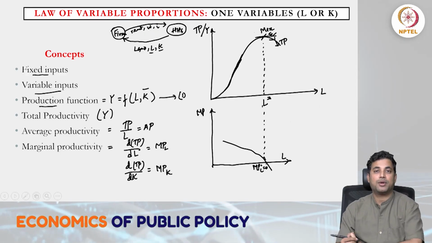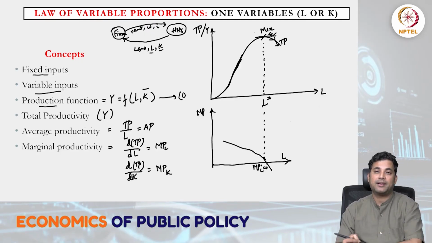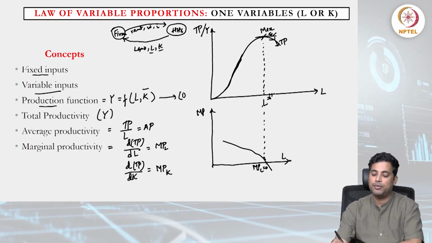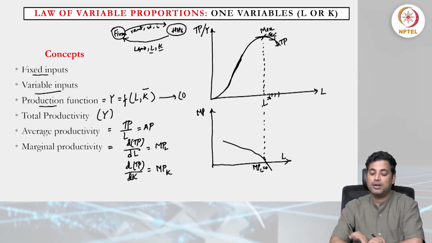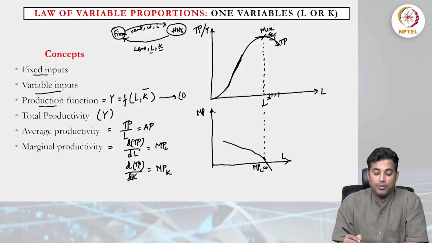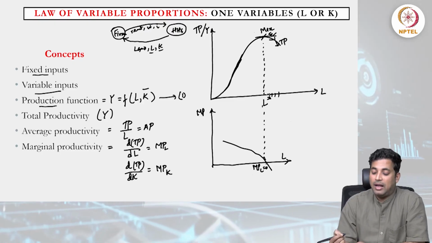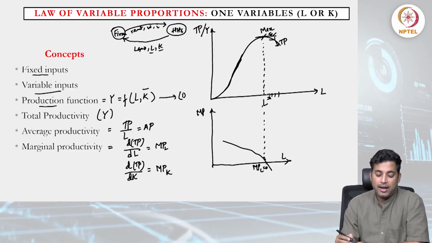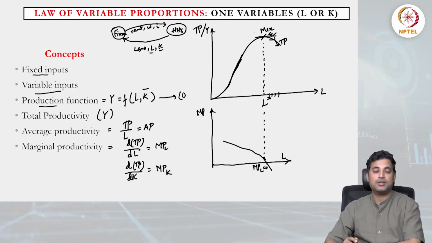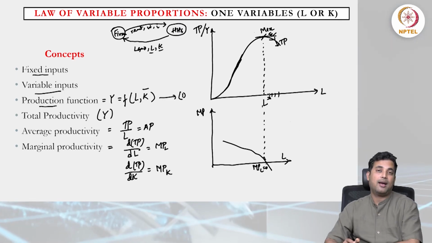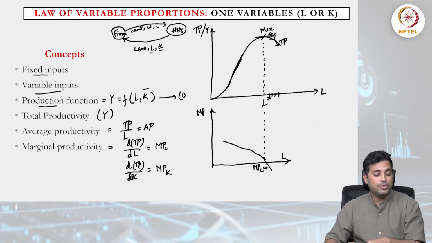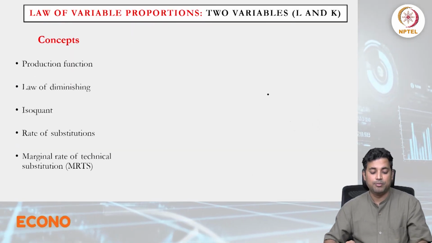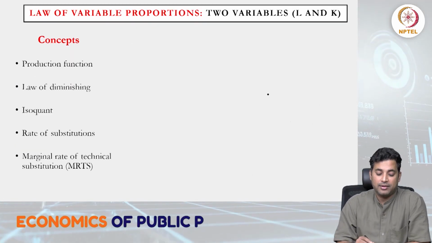Marginal productivity of that additional amount of labor will be 0 beyond L star. So this is how, when we consider one variable, labor, the production function, total productivity, marginal productivity and average productivity are related. Now let us move further.